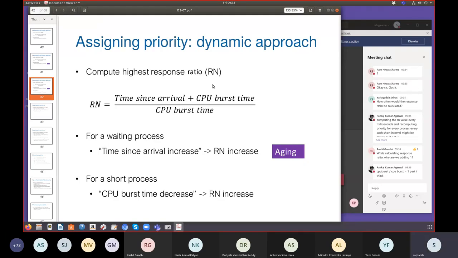Why are we adding 1? It may be that we want to avoid the value 0. That can be a simple answer.